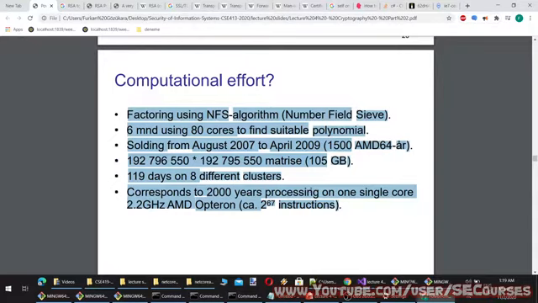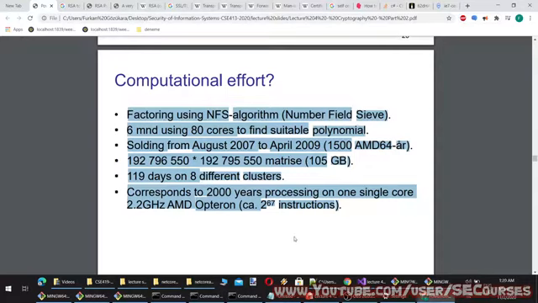Sieving from August 2007 to April 2009, 1500 AMD64. The matrix was 105 gigabytes, 119 days on 8 different clusters.